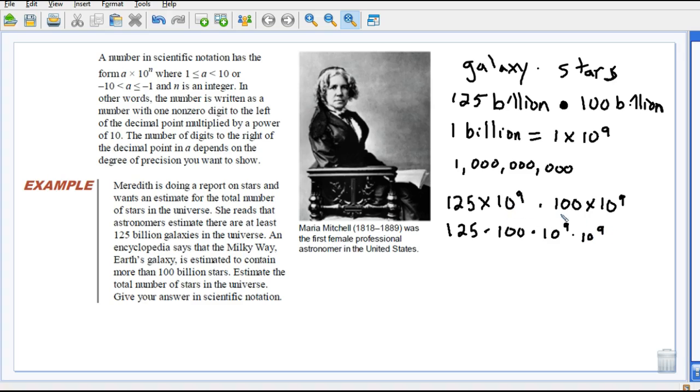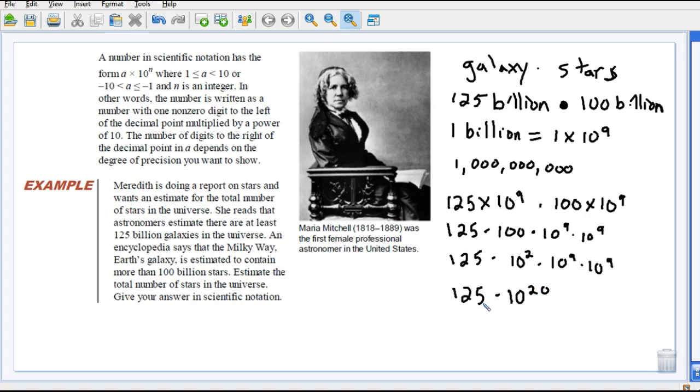All I did was just switch these two, which is okay to do. Now, can I rewrite 100 in exponential form? Sure. This is going to be 125 times 10 squared times 10 to the 9th times 10 to the 9th. All of these things have the same base, so if I add 2 plus 9 plus 9, I get 20. So I have 125 times 10 to the 20th, right?